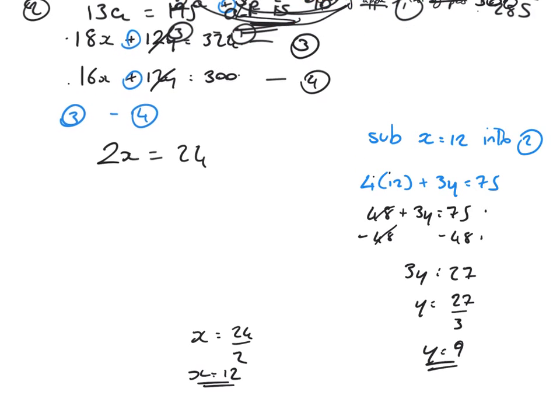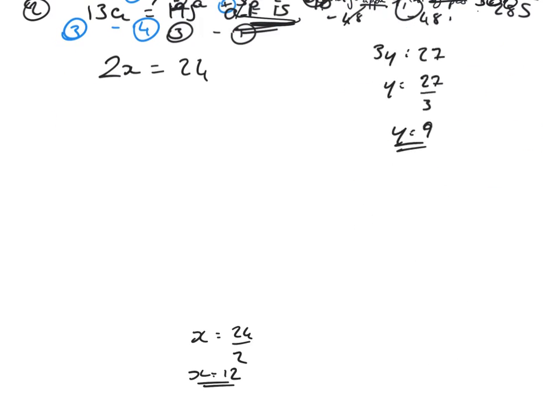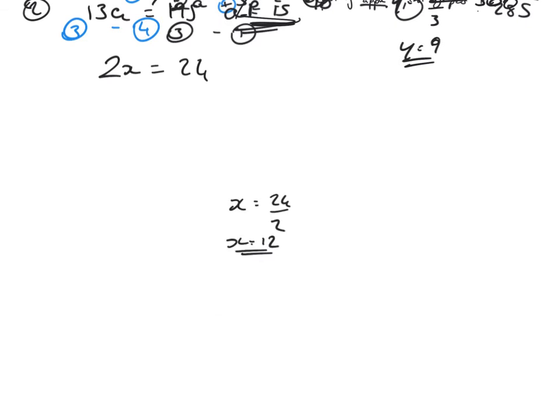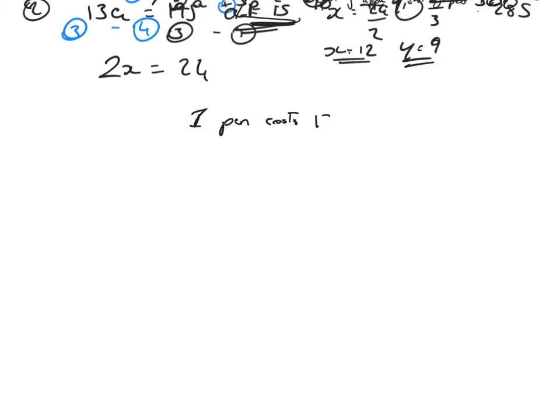So remember, it's a question in a real life context, so let's bring that real life context back in. What did we say? We said that let x be the cost of 1 pen and let y be the cost of 1 pencil. So 1 pen costs 12 pence. 1 pencil costs 9 pence. Now remember that we wanted 5 pens and 5 pencils, so 5 pens, that would be 12 times 5, that's 60 pence.